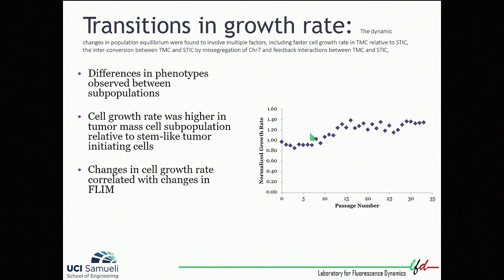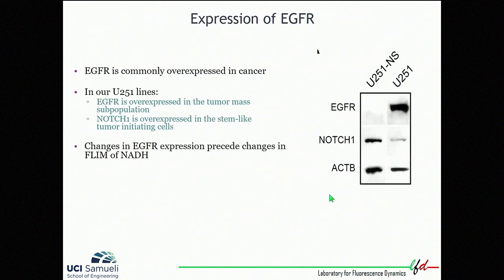And the transition, so if we looked at transition and growth rates, how dynamic the changes in population equilibrium happen due to different types of factors, especially when they're transitioning to tumor mass cells, you can see that the increase in normalized growth rate has occurred after passage number 10.